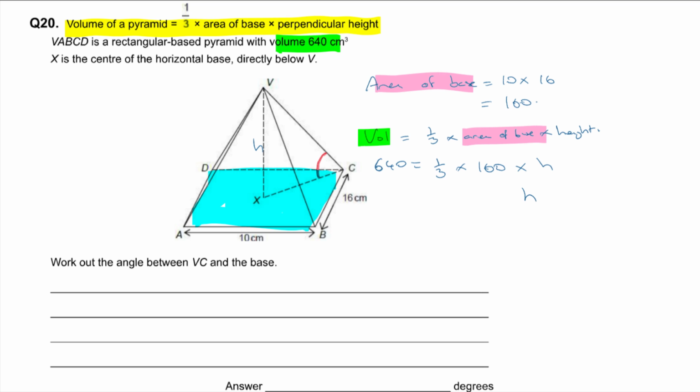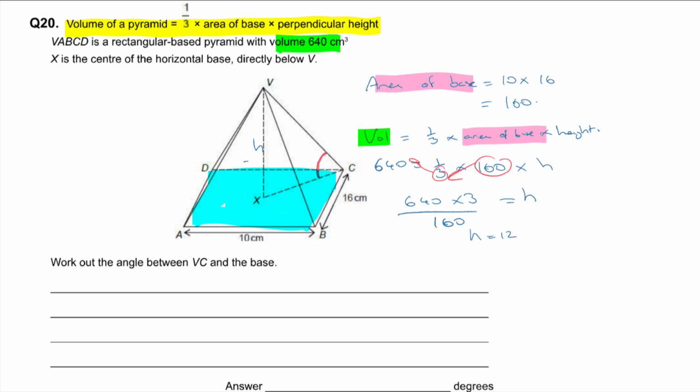So H is going to be 640 times 3 over 160. 640 times 3 divided by 160, that comes out to be 12. So H is 12.